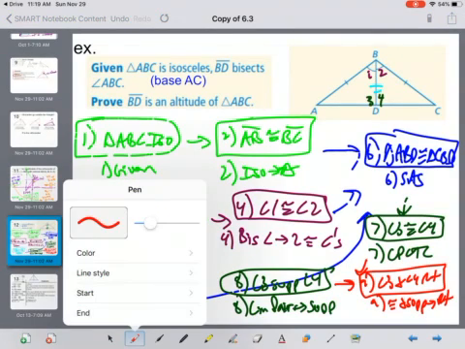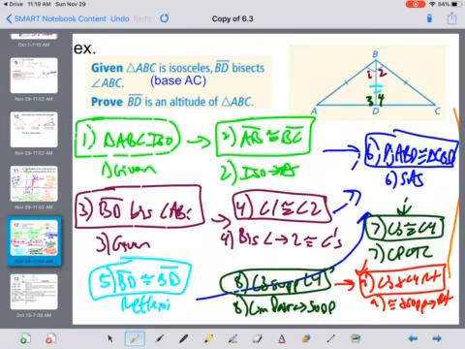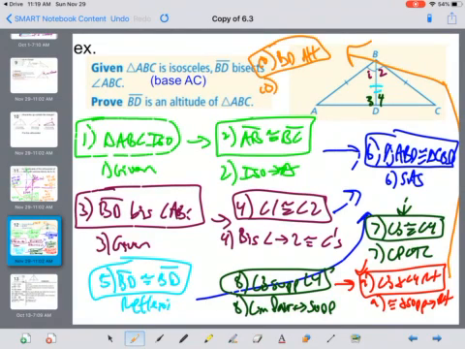And then last but not least, if I have right angles, and I'm going to put this up top because I ran out of room, that means that BD is the altitude, because if we create right angles starting from that vertex, then it's going to be the altitude.